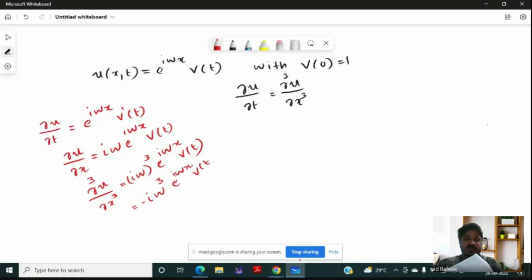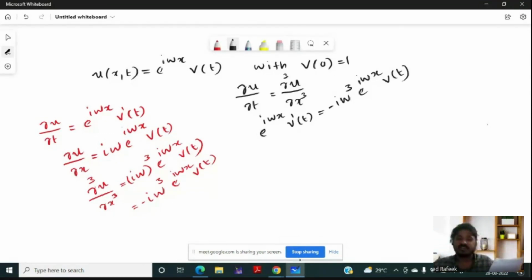Substitute in both sides. So dou u by dou t is e raised to i omega x v dash of t, equal to minus i omega cube e raised to i omega x v of t.